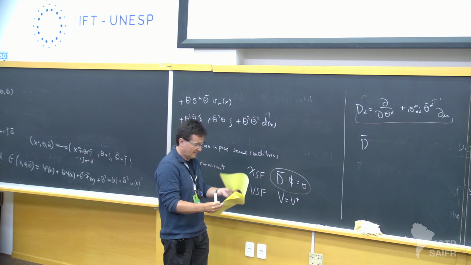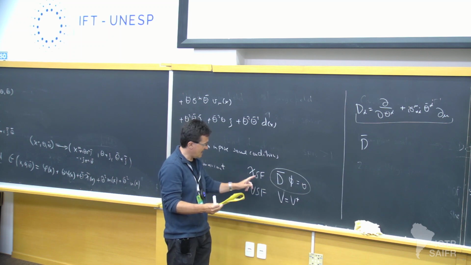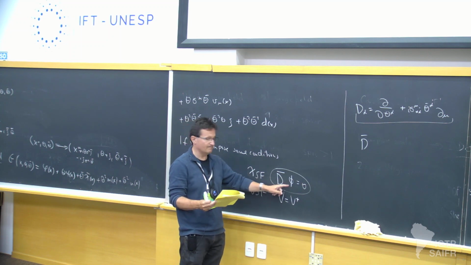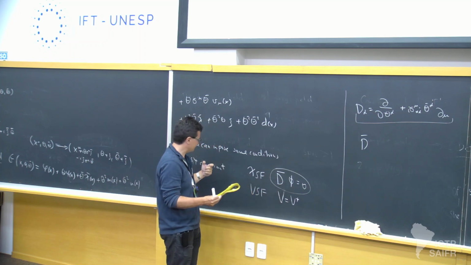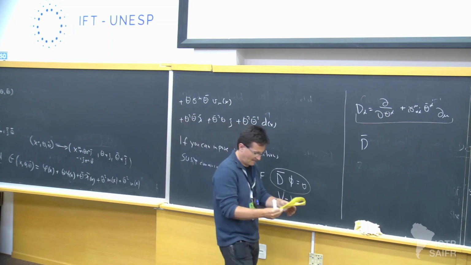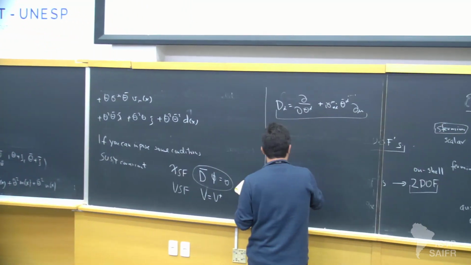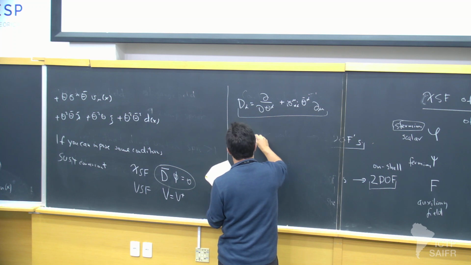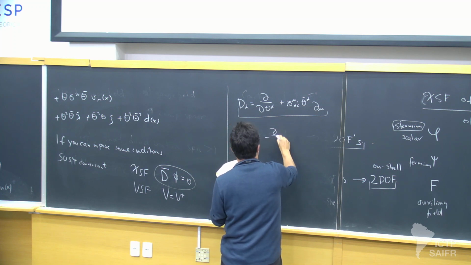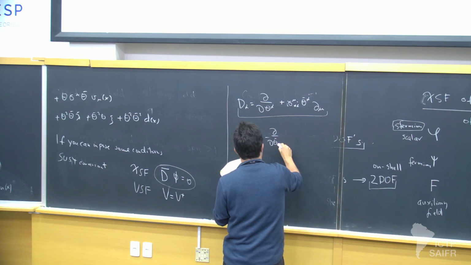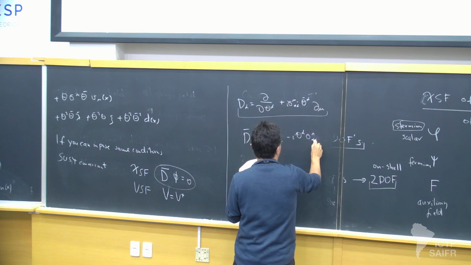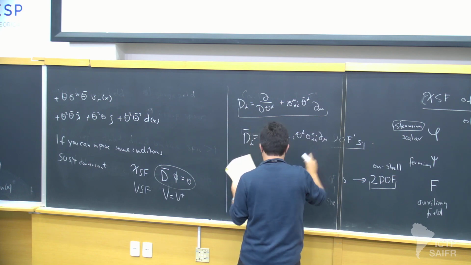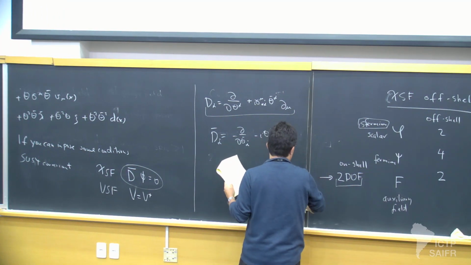The nice thing is that you can very nicely parameterize the solution of this chirality condition. Let me write out what d bar is: d bar alpha dot is minus d by d theta bar alpha dot minus i theta alpha sigma mu alpha alpha dot d mu. And let me erase this, not to confuse you.